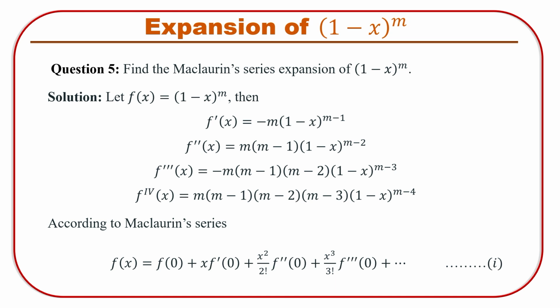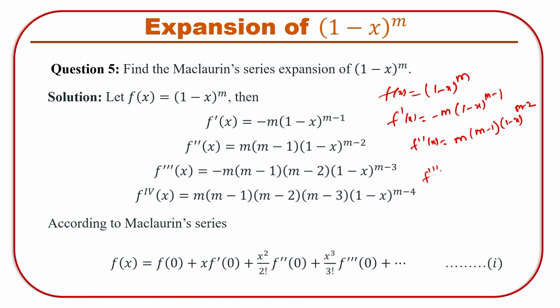So, doing the same thing, f of x is equal to 1 minus x to the power m, and hence f dash of x is equal to minus m into 1 minus x to the power m minus 1, f double dash of x is equal to minus m into minus m minus 1, so this will come out to be m into m minus 1 into 1 minus x to the power m minus 2, f triple dash of x is equal to minus of m into m minus 1 into m minus 2 into 1 minus x to the power m minus 3 and so on.